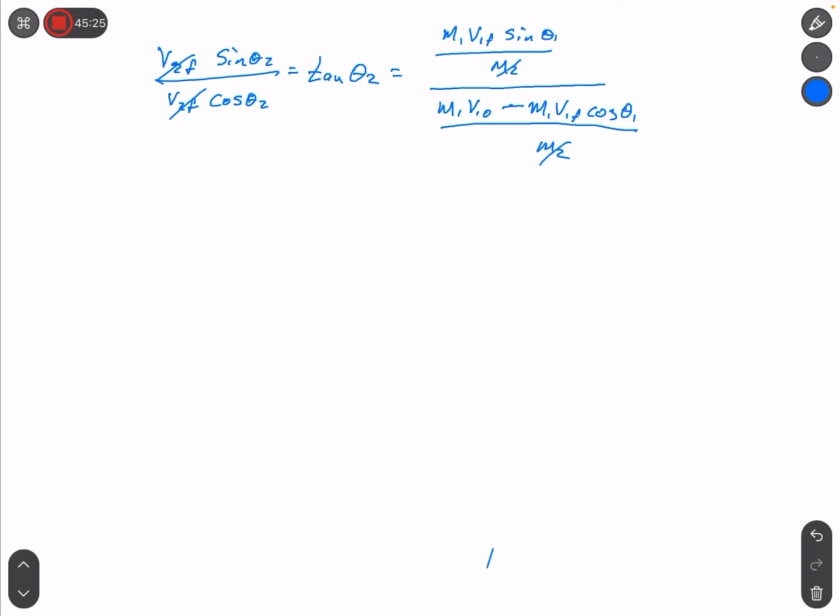So, all in all, we end up with tangent theta 2 is equal to 0.325 over 0.3125.